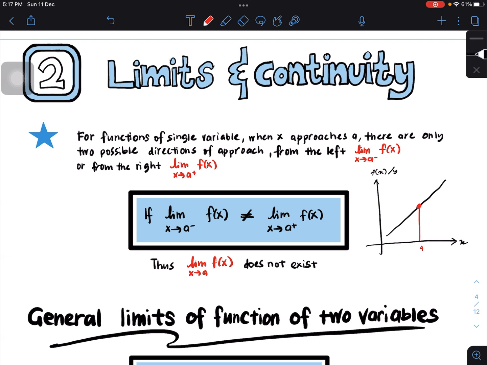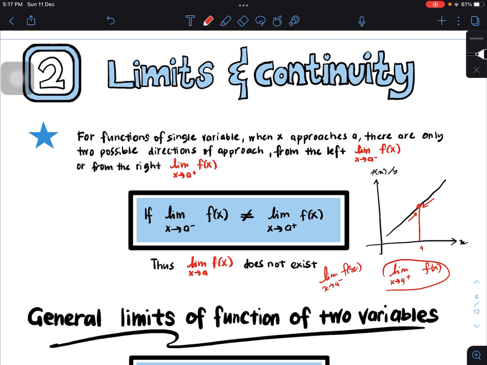You need to find the limit from the left and the limit from the right. The limit of f(x) as x approaches 4 from the right is denoted like this, where 4 plus means 4 from the right. You also have the limit of f(x) as x approaches 4 from the left, which is 4 negative.